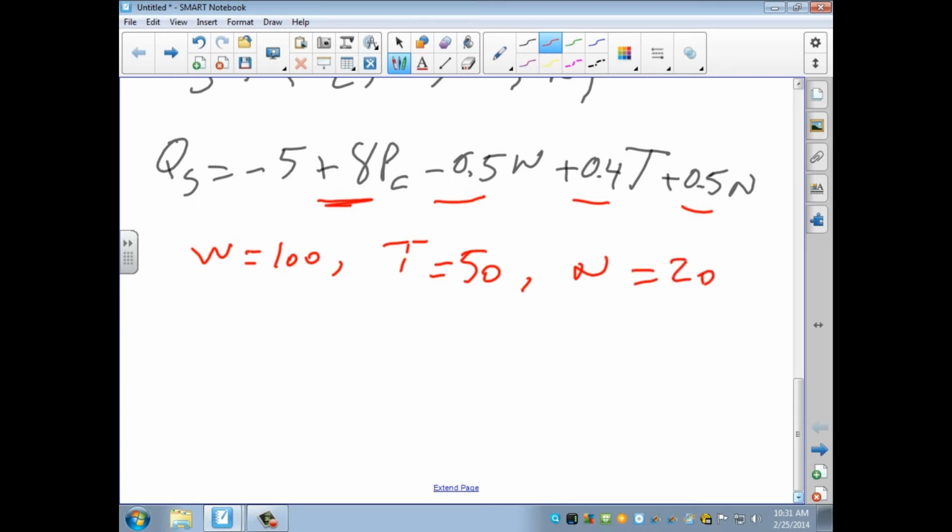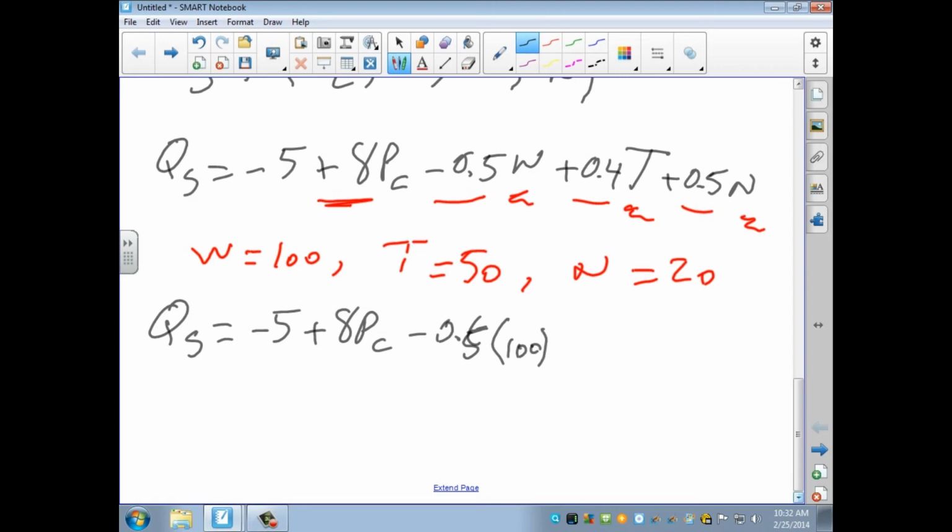So we plug in these numbers for W, T, and N. So again, QS this time would be equal to minus 5 plus 8 PC minus 0.5 times W, W is 100, plus 0.4 times T, which is 50, plus 0.5 times N, which is 20.